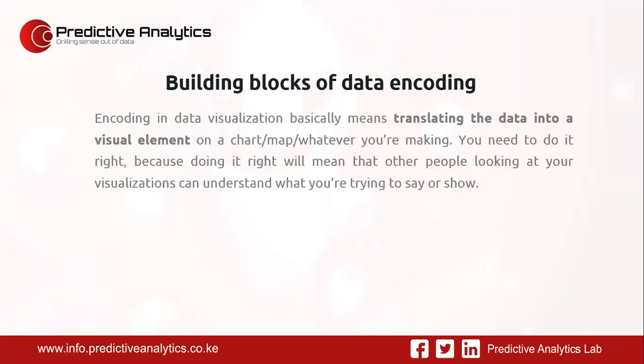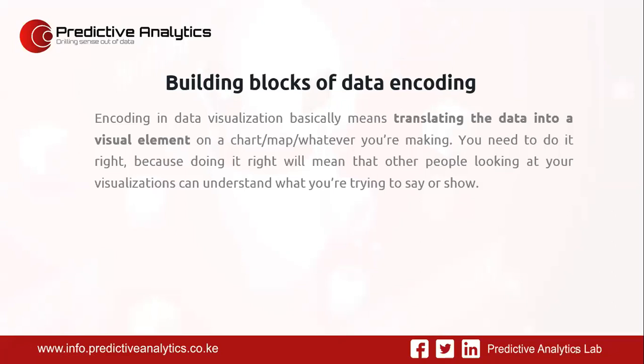So encoding in data visualization basically means translating the data into a visual element on a chart or a map or whatever you are making. You need to do it right, because doing it right will mean that other people looking at your visualization can understand what you're trying to say or show.